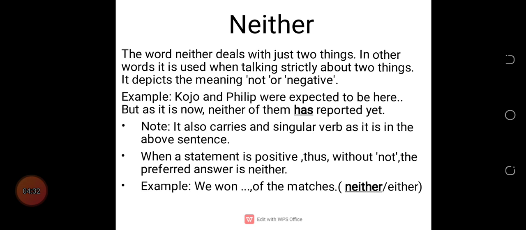So we see how it has been used, right? Because you have just two nouns here, we are using neither, meaning this sentence bears a negative meaning. Neither of them, the two of them, are still not in.